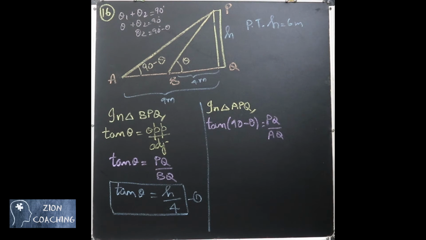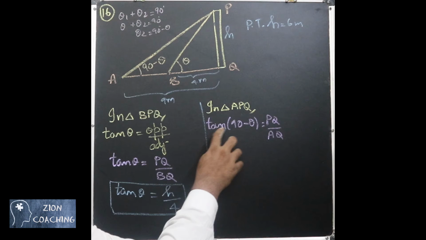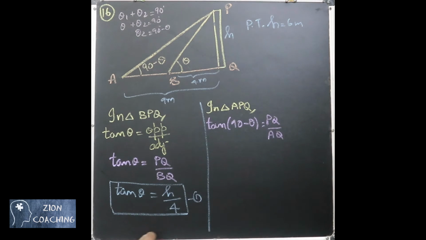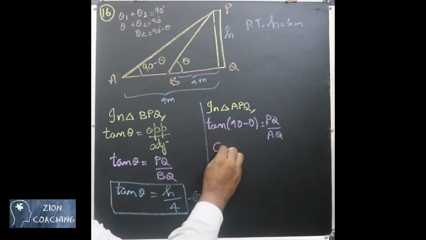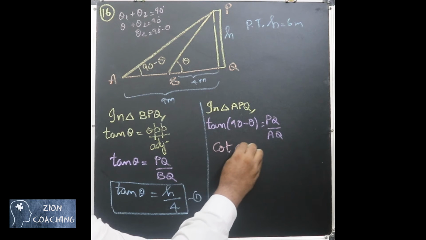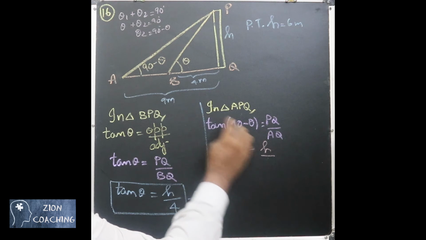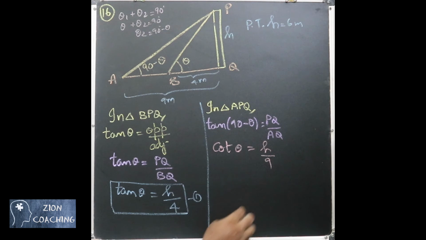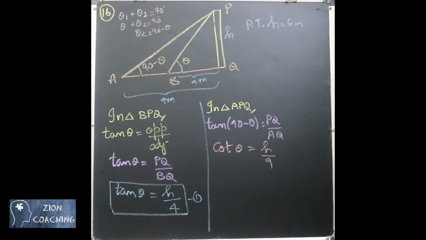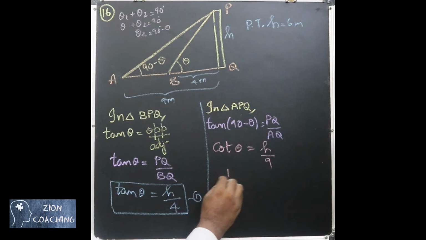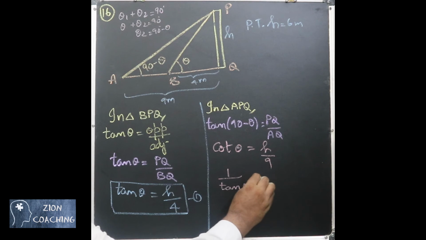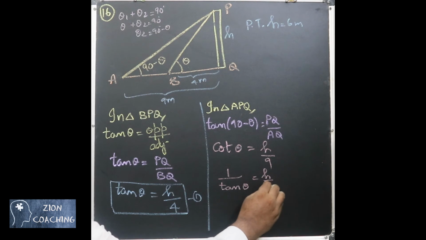You know that complementary angles are there, tan 90 minus theta is cot theta. So we are going to have cot theta equal to PQ is H by AQ is 9. But cot theta is the inverse of tan theta, so this is nothing but 1 by tan theta equal to H by 9.